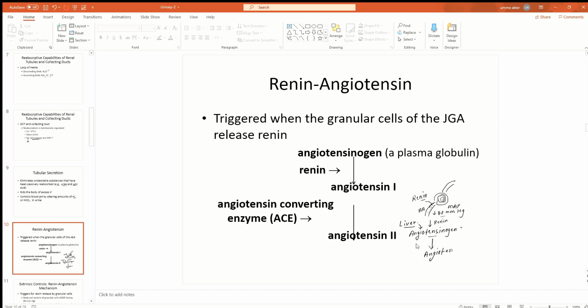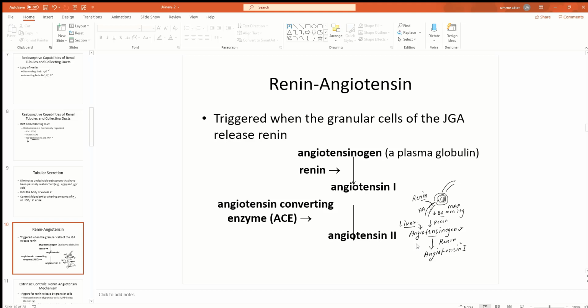Okay, so who will do that? Renin will convert this to this. So I can say renin here comes from the granular cells here when the blood pressure drops.